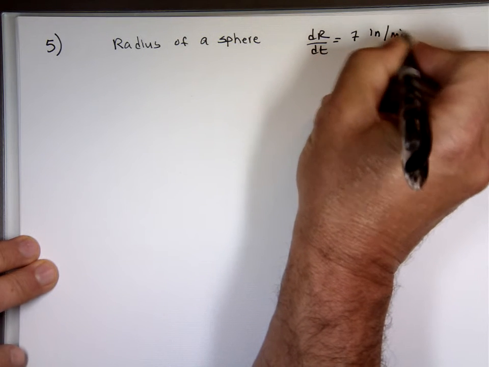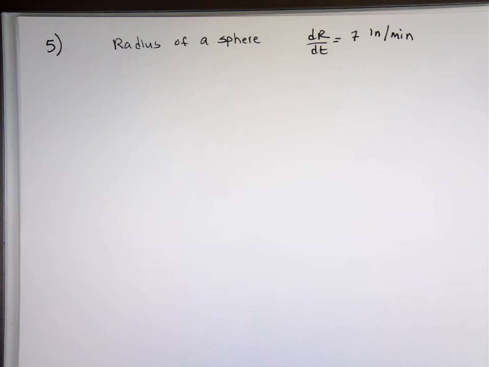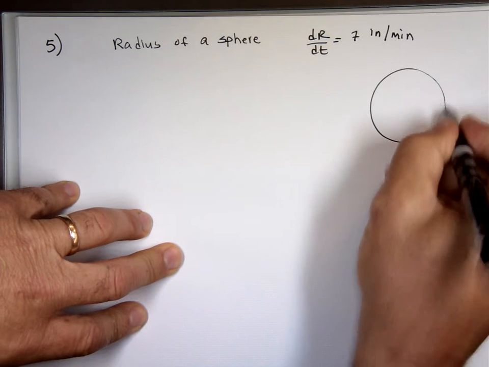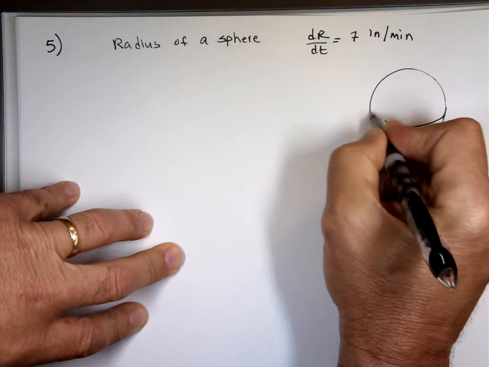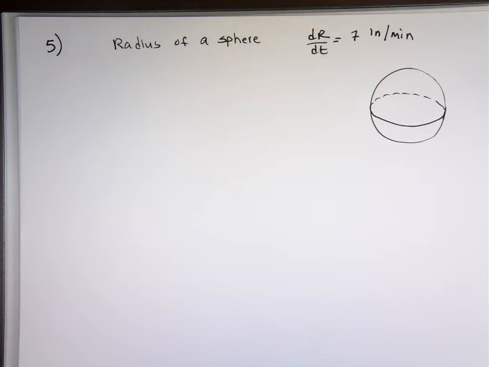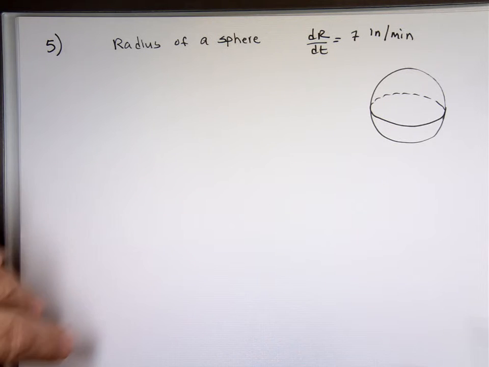Now a sphere is like a circle but in 3 dimensions, like a basketball. This is my attempt to make it 3 dimensional. Here we go. So you're looking at 3D there. It goes around like a basketball, a soccer ball, a bowling ball, a golf ball.